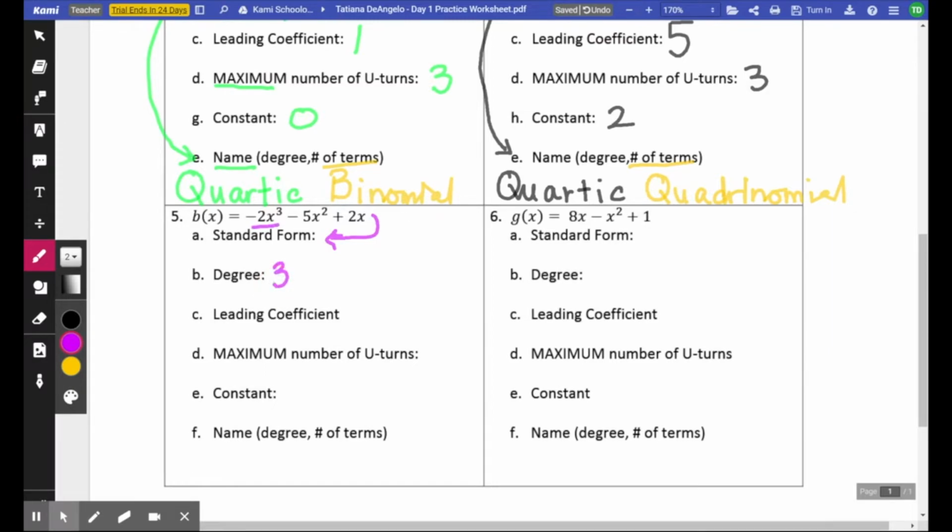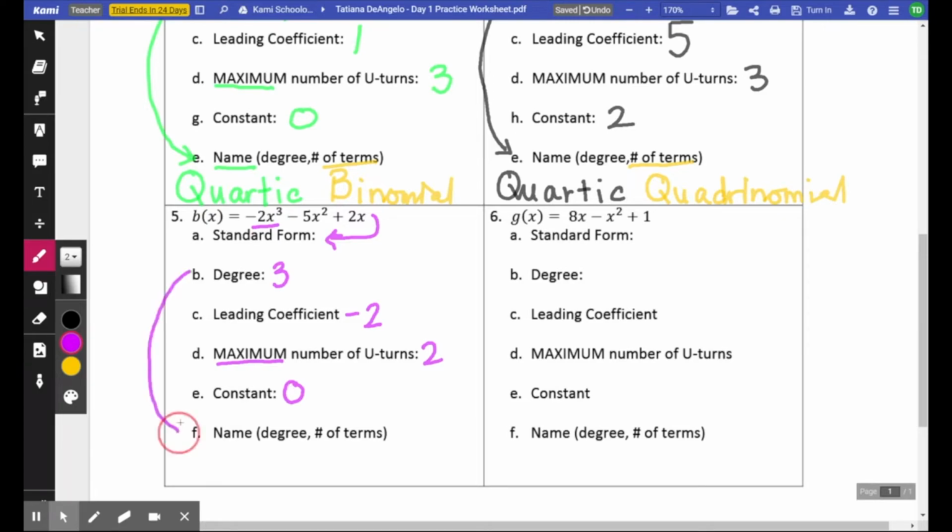And the number in front of the variable is -2. So now I'm asked for the maximum number of u-turns, which again is 1 less than the degree, so therefore it's 2. And constant. I do not see anything that does not have a variable, therefore the constant is 0.